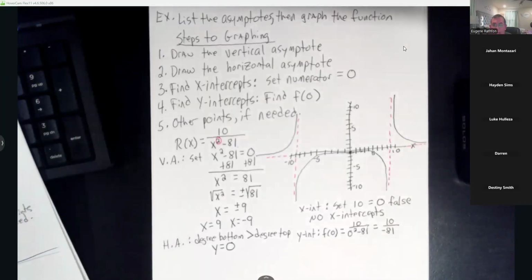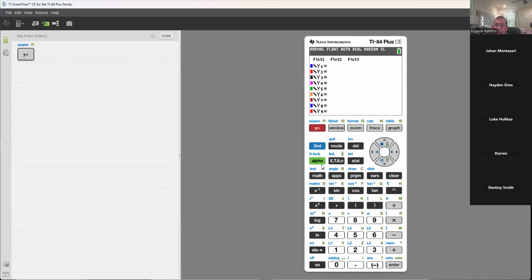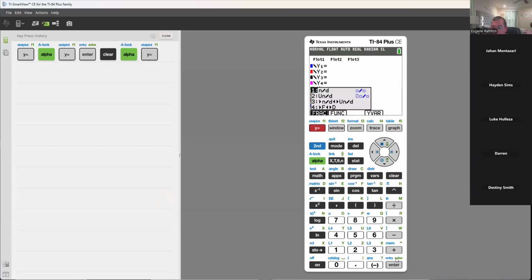And y'all, let me show you on your calculator real quick. So on the calculator, I would go to y equals. I would make mine look like a fraction by hitting alpha y equals and enter. Whoops, I think I hit something bad. All right, so alpha y equals enter. Oh, I know what it is.